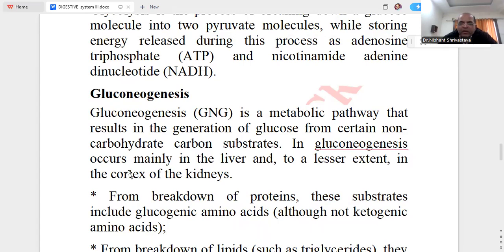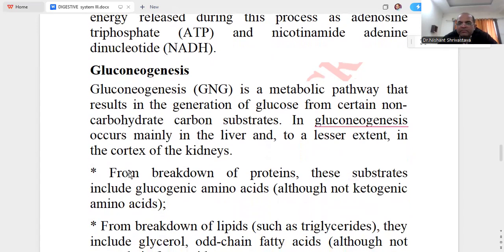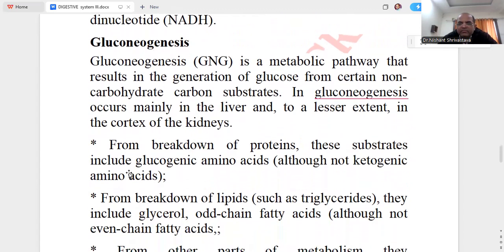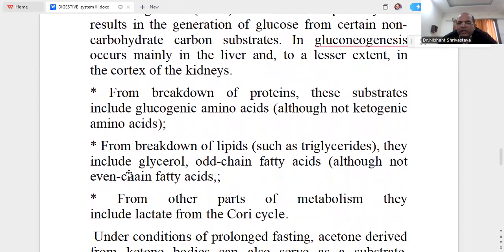Gluconeogenesis occurs mainly in the liver, to a lesser extent in the cortex of the kidney. From breakdown of protein, these substrates include glucogenic amino acids, although not ketogenic amino acids.